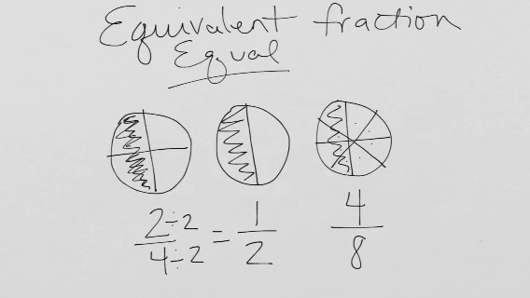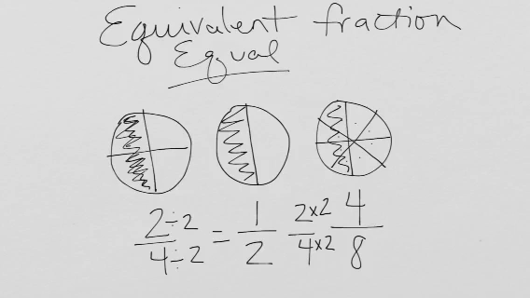So 4/8 is equivalent to 2/4, as well as 1/2. So when I go back to my original problem, which was 2/4, I know that 4/8 is equivalent because I can multiply the numerator and denominator by the same number, and I could get 4/8.